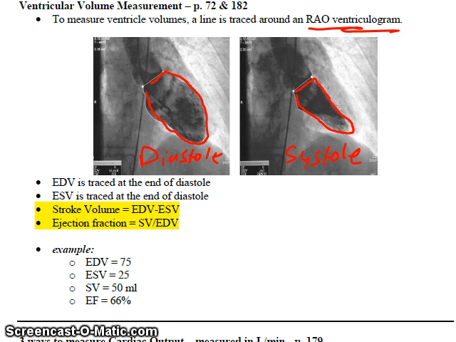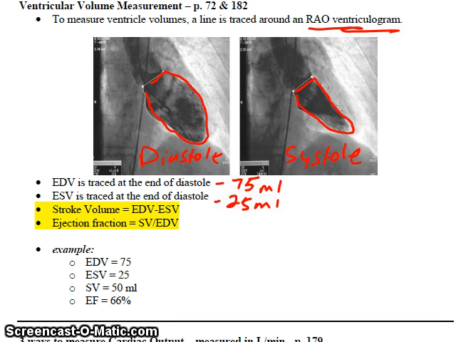So, for example, the end diastolic volume for this one could be 75 milliliters of blood, and the end systolic volume could be 25 ml of blood in that left ventricle.